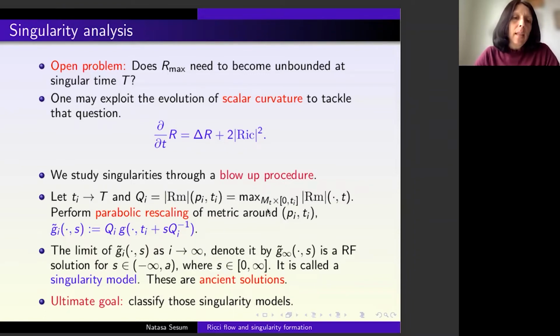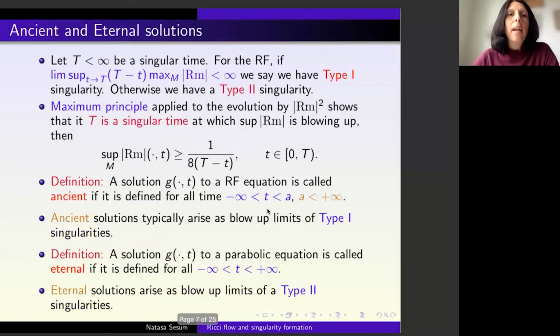In order to understand the singularities, you want to understand those singularity models. These are also called ancient solutions, because they come all the way from time negative infinity. Your ultimate goal would be to classify those singularity models, which is a very hard question, as you will see.